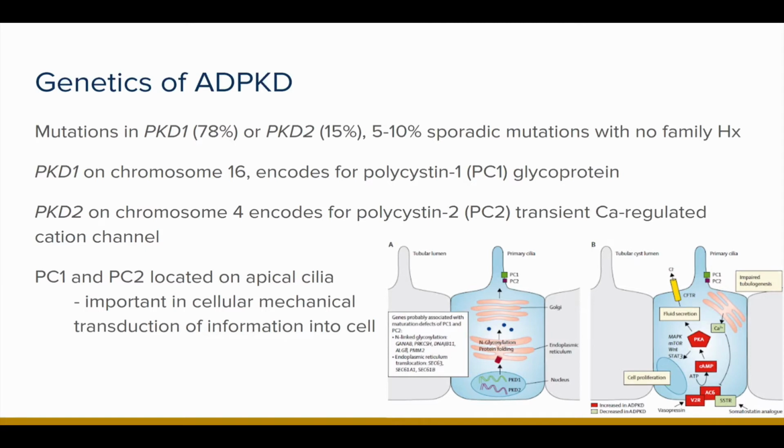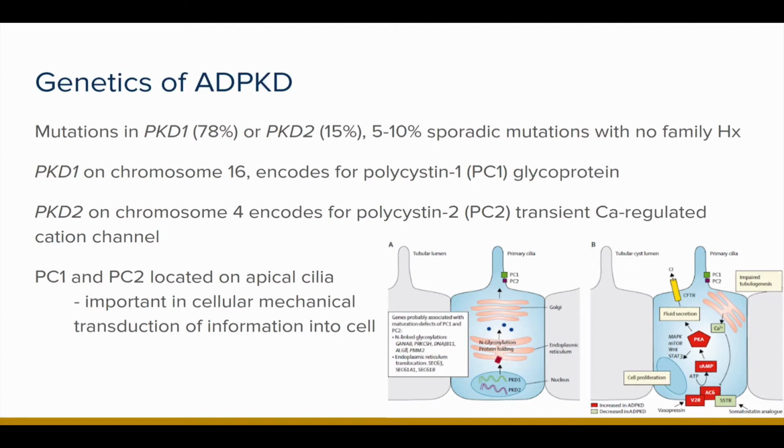PKD1 is a gene on chromosome 16, and it encodes for polycystin 1, which is a glycoprotein on the cellular membrane. And PKD2, in comparison, is a gene on chromosome 4, and it encodes for polycystin 2. And this is a transient calcium-regulated cation channel.